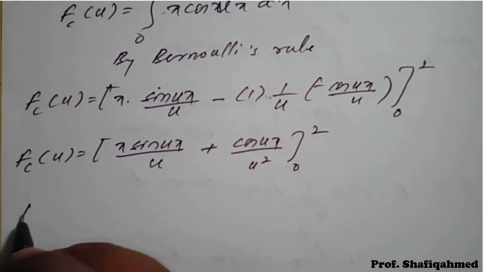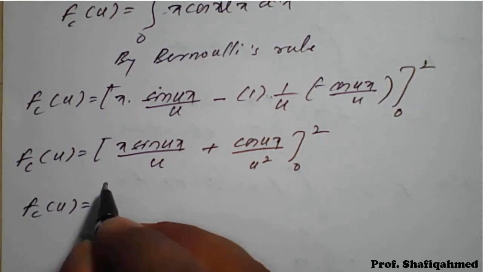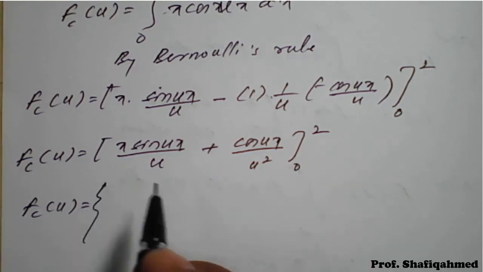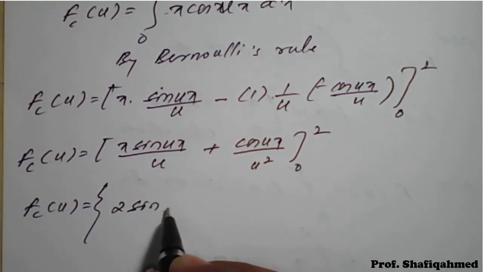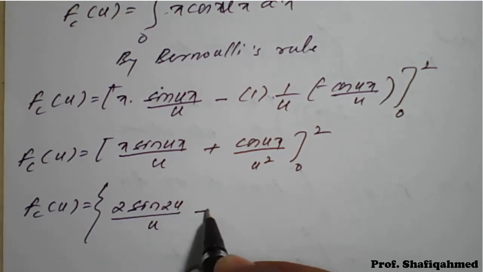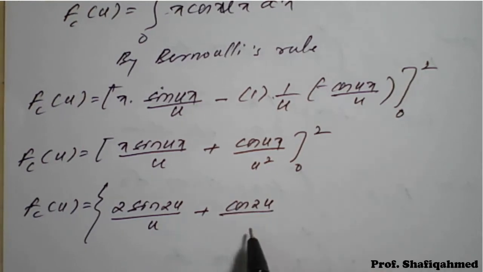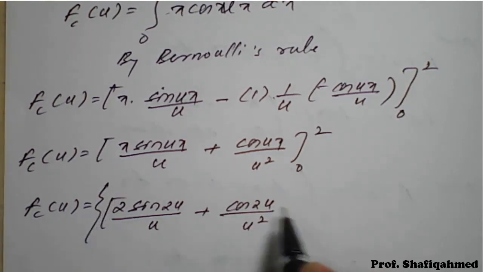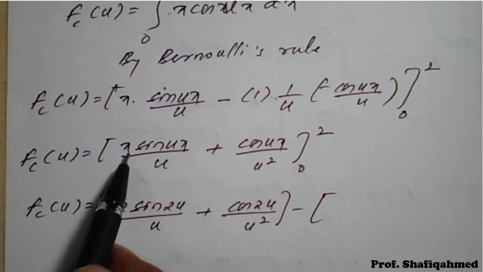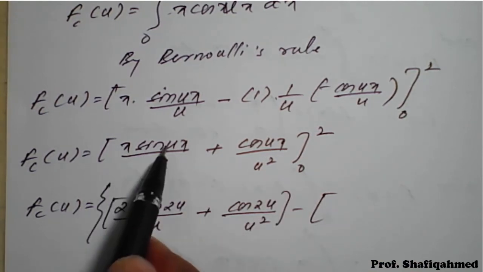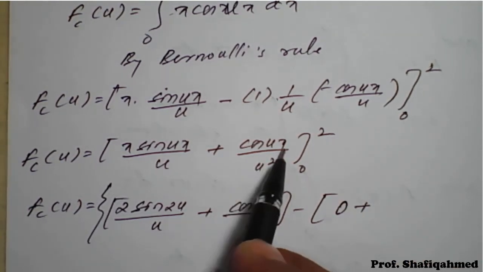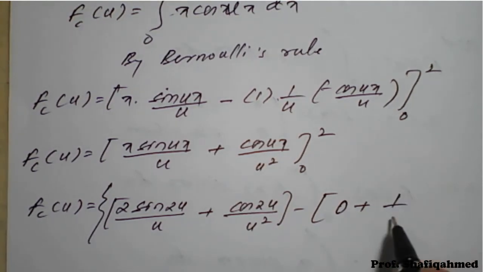Now we'll apply the upper and lower limits. Fc of u is equal to, replacing x by 2, 2 sine of 2u divided by u plus cos of 2u divided by u square, this is the upper limit, minus the lower limit. Replacing x by 0, 0 into sine of u into 0 is 0, plus cos of 0 is 1, so we get 1 upon u square.